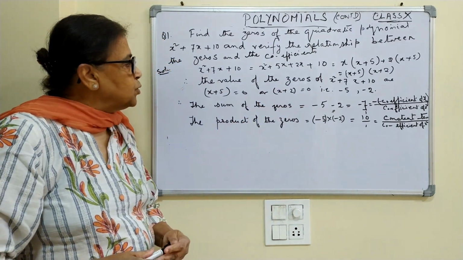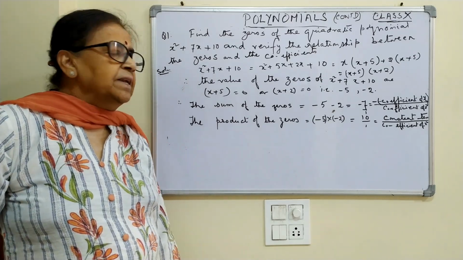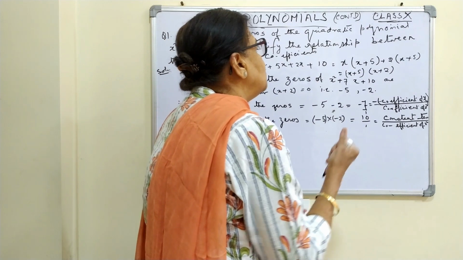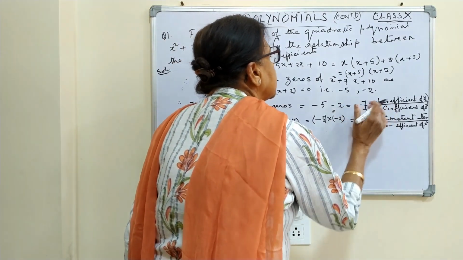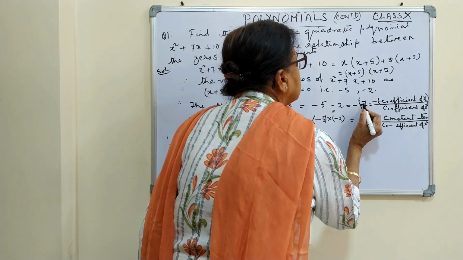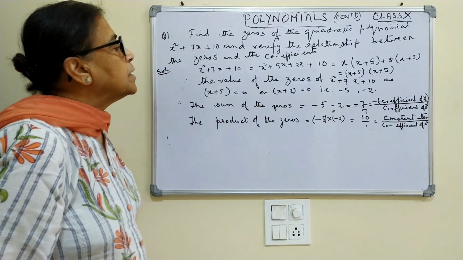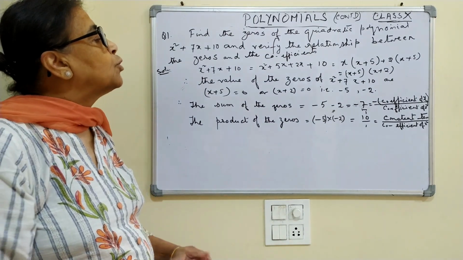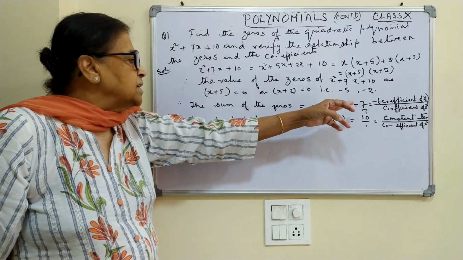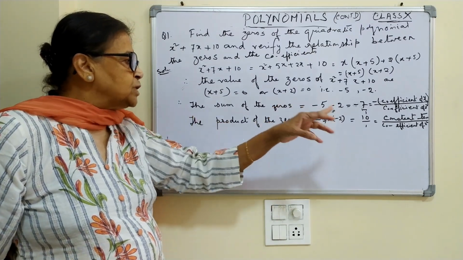The sum of the zeros will be minus 5 minus 2, that is minus 7, or minus 7 by 1. Minus 7 can be written as minus of the coefficient of x, which is minus of minus 7, that is plus 7, divided by the coefficient of x square.